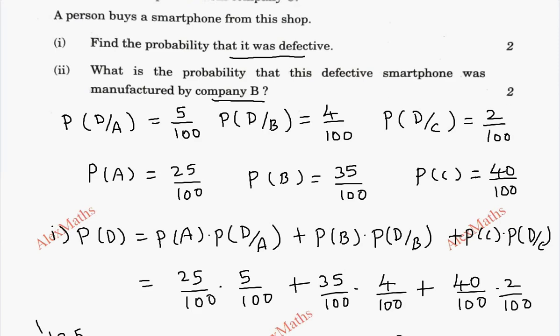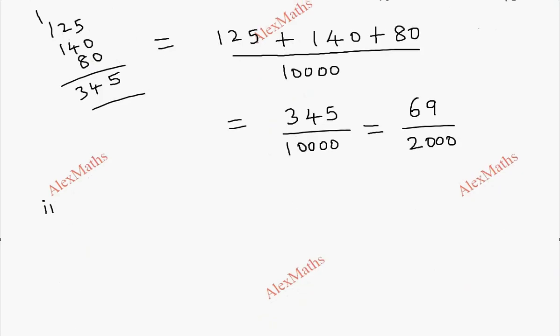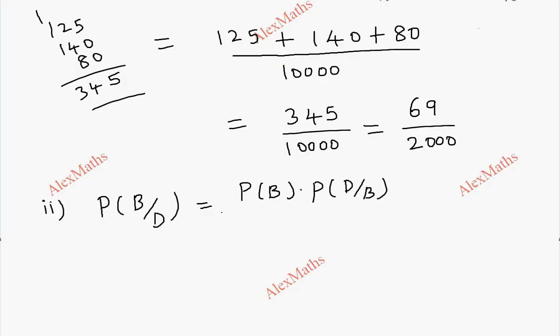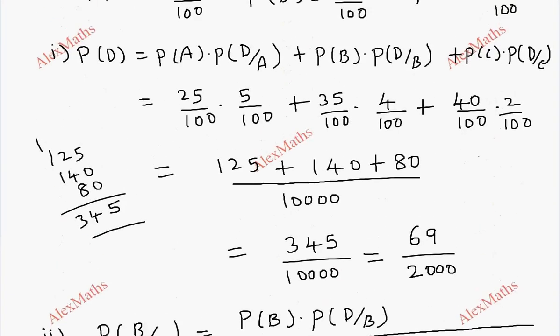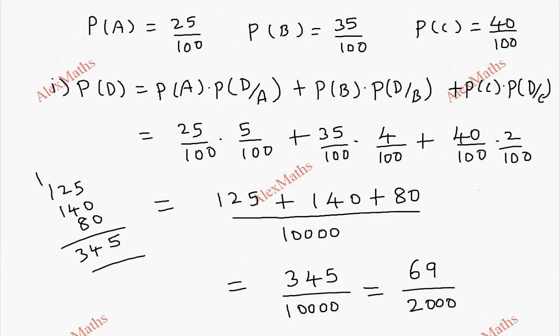So we have to find P of B by D. By formula, this is P of B into P of D by B in whole divided by P of A into P of D by A plus P of B into P of D by B plus P of C into P of D by C. And this numerator P of B value is 35 by 100 into 4 by 100.